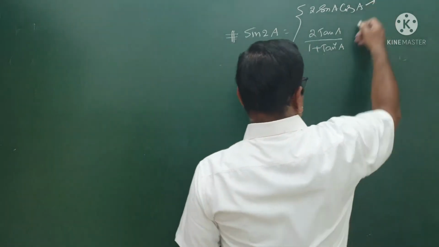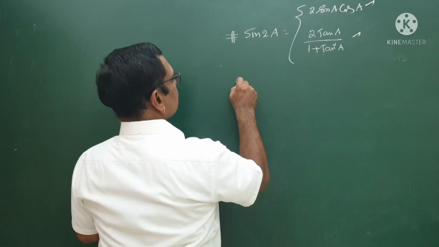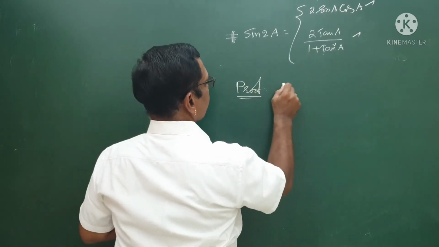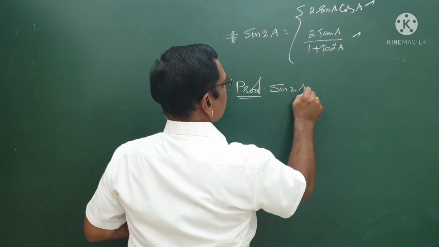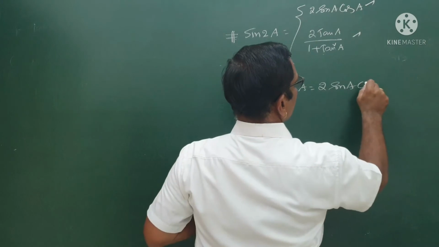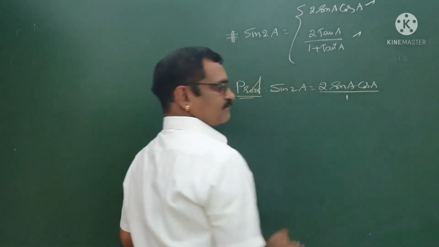From this we can derive this. So sin 2A, proof, sin 2A is 2 sin A cos A. We know this. What I do, I write 1.